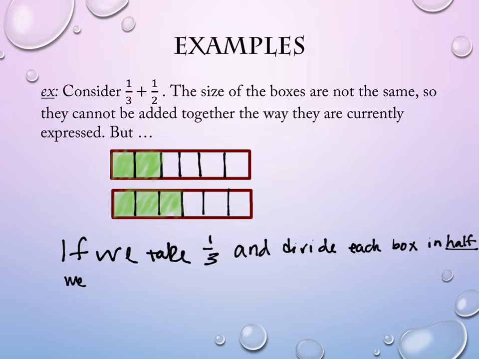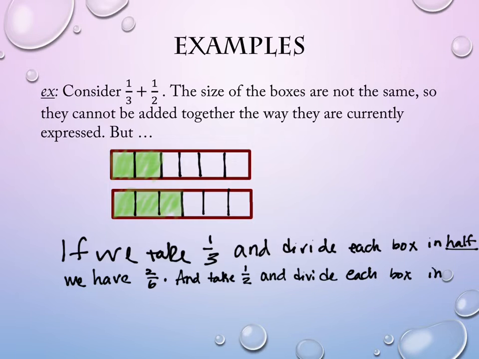We have 2 out of 6 shaded in. And take 1/2 and divide each box in thirds.